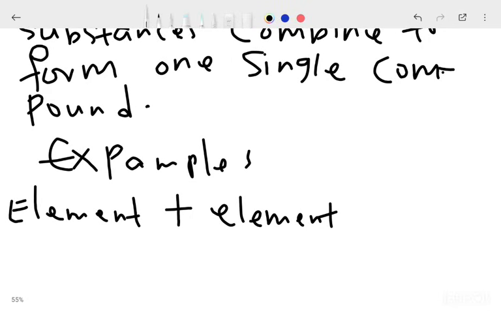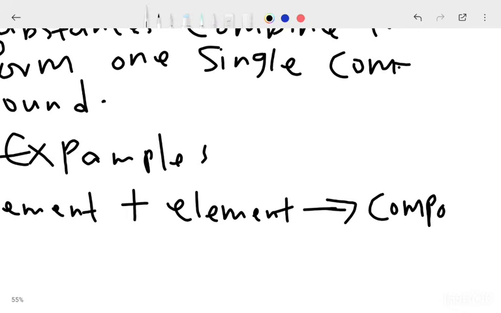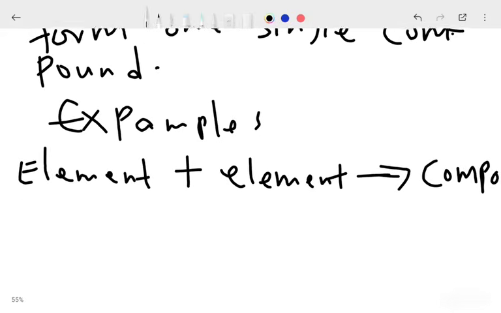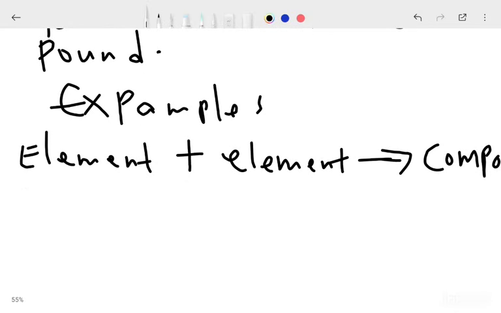Element plus element will give us what? Compound. Write it. Element plus element will give us compound.